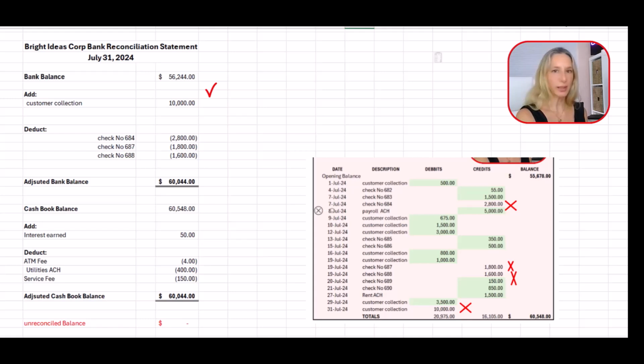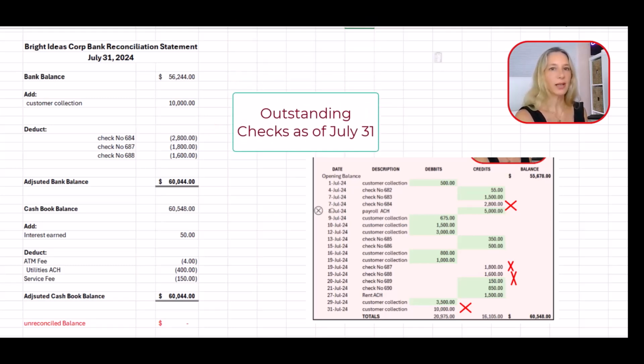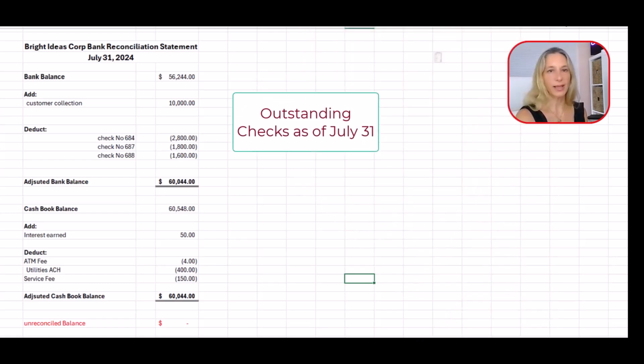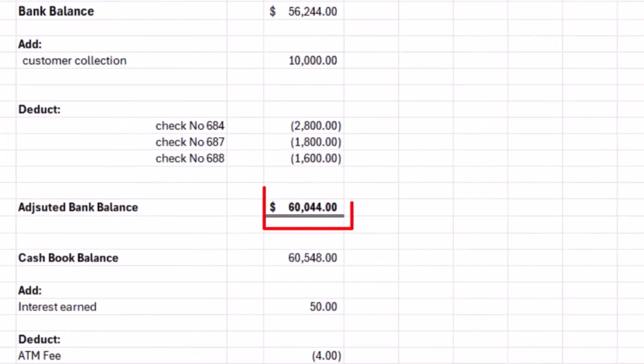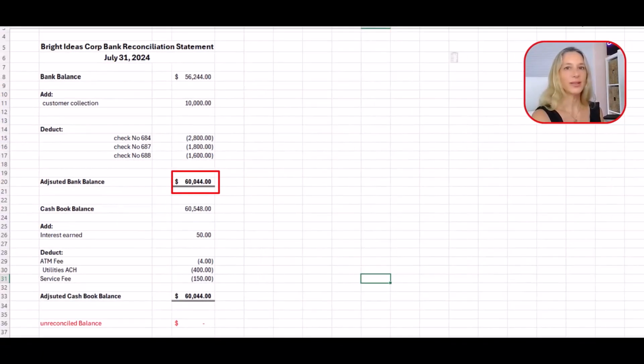We then deduct the checks we have identified that were recorded in the cash account in the accounting records but have not yet been presented to the bank for payment. These are outstanding checks. We then do the math and calculate our adjusted bank balance as $60,044.